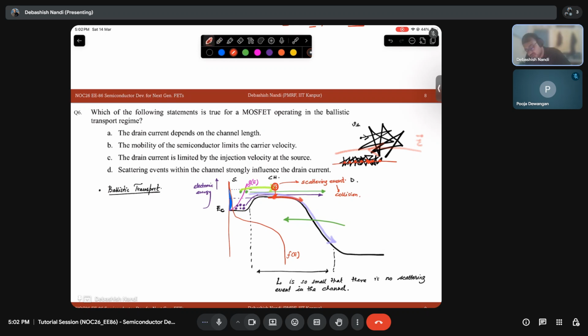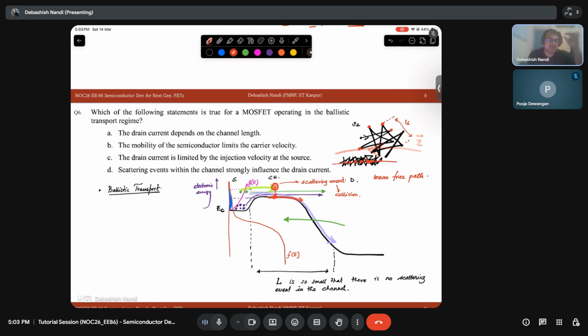Each of these corners is one scattering event or one collision. The path between two collisions is called one free path.